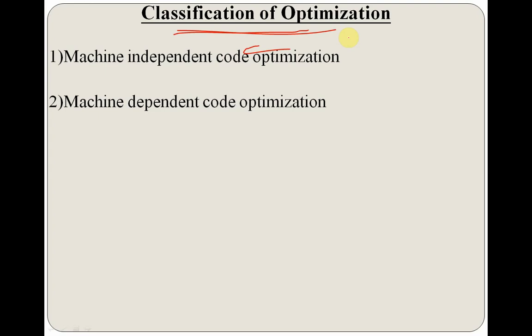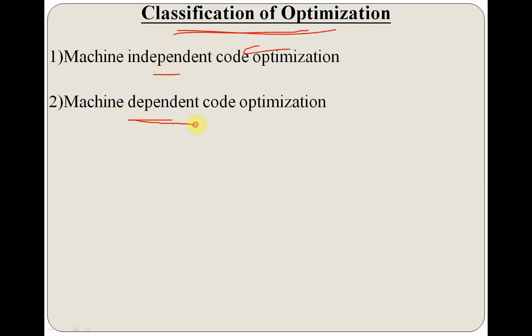That means we will apply some kind of transformations. Those transformations are not dependent on machine properties like registers, instruction set, addressing modes, etc. And we will apply transformations on intermediate code only. That is called machine independent code optimization.